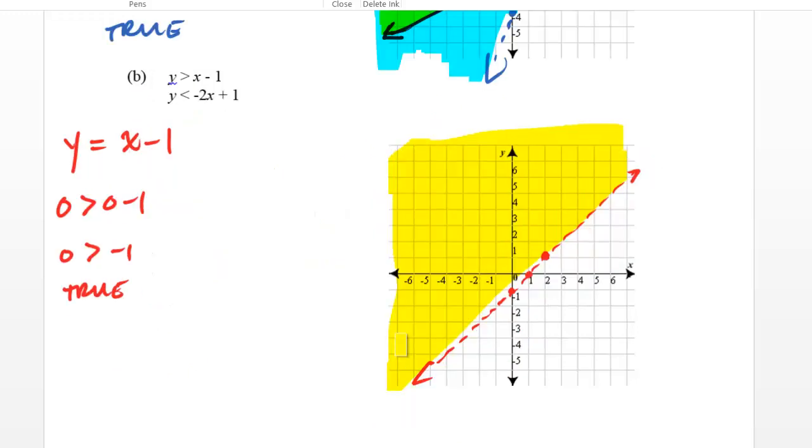Okay, so I've graphed the first equation and inequality here. Now I'm going to do the second one. And you can see I'm just quick sketching, so some of my points may be just a smidge off here, but now we need to shade for the second one.